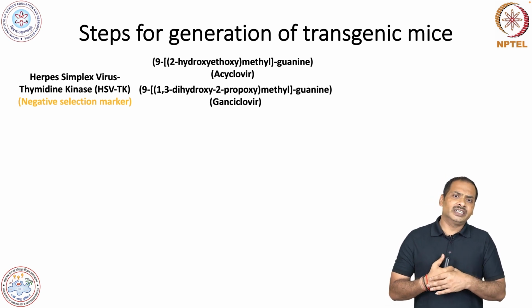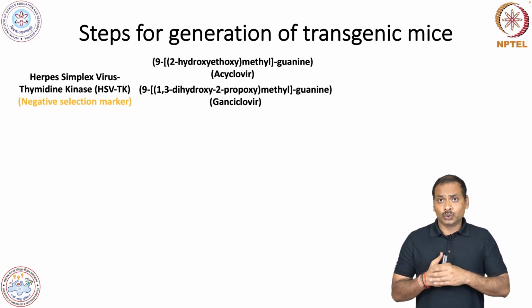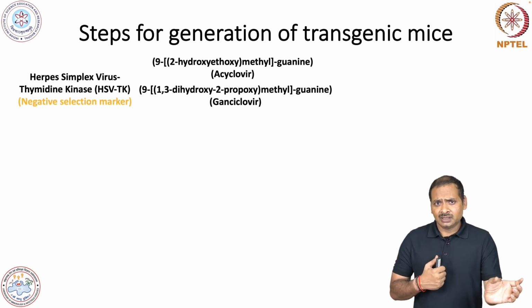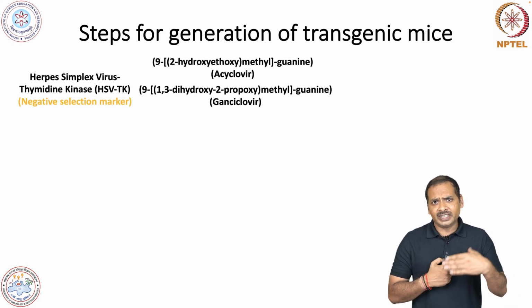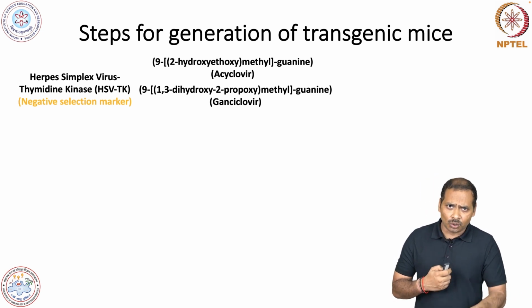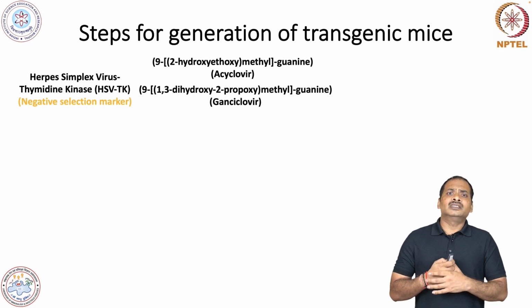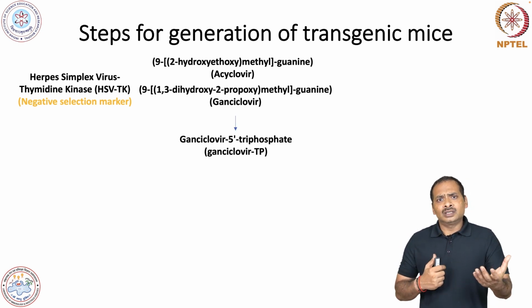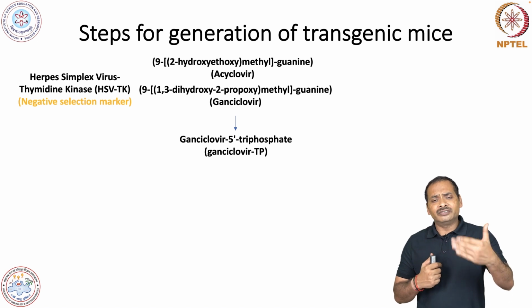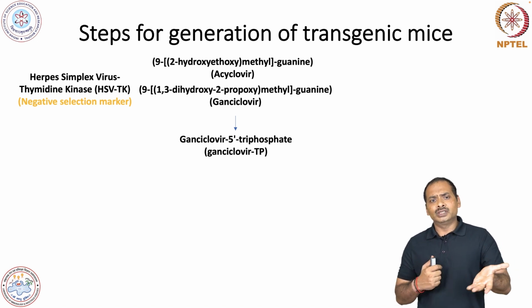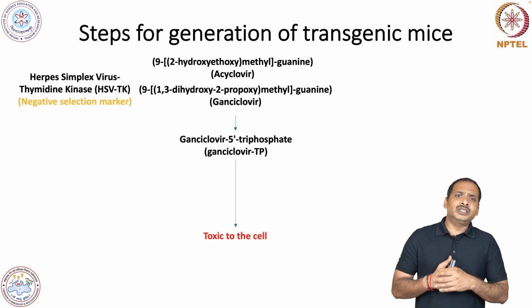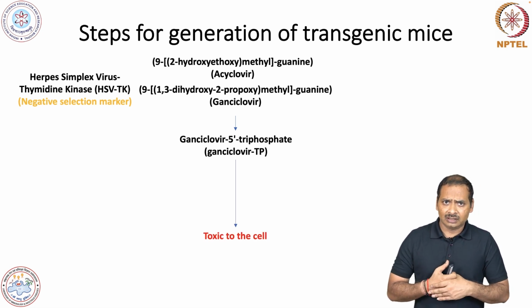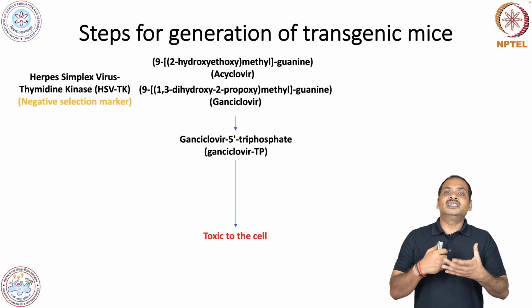This is also a derivative of guanine, and when you have this gene, it will incorporate these modified derivatives of guanine into the genome. The incorporation of this derivative of guanine instead of guanine is toxic to the cell, and the cell will die.